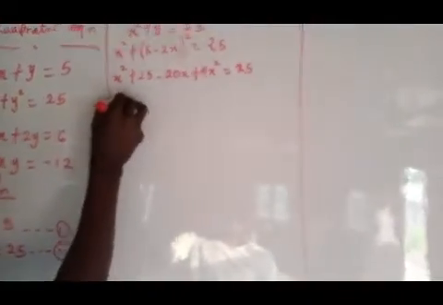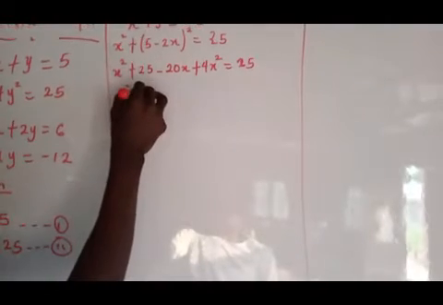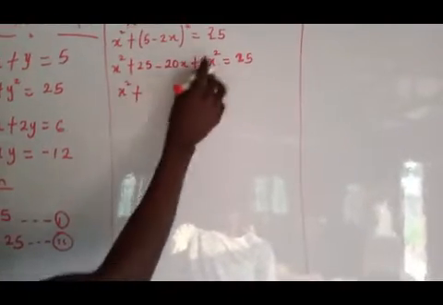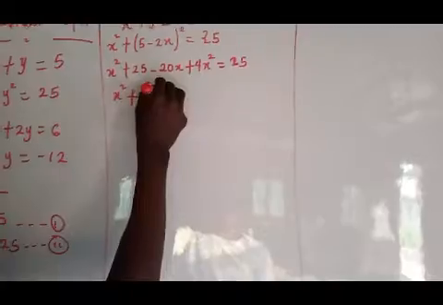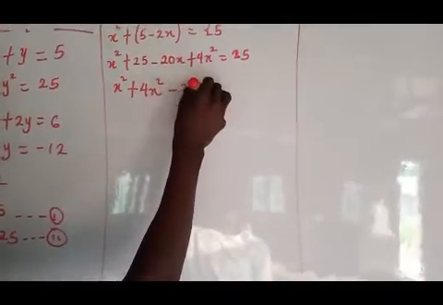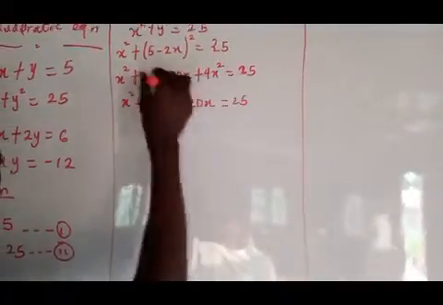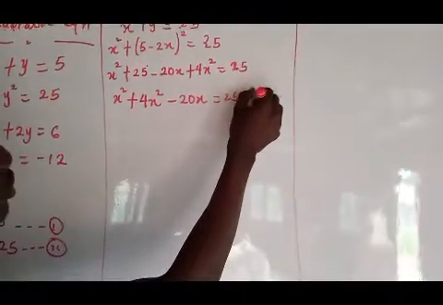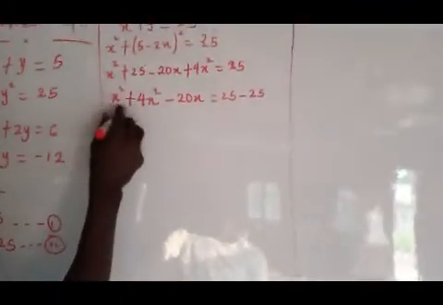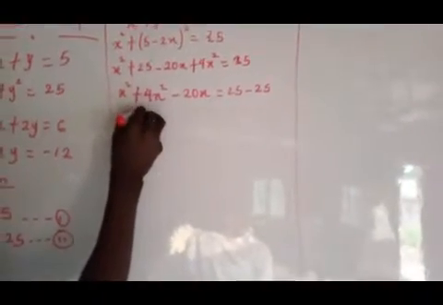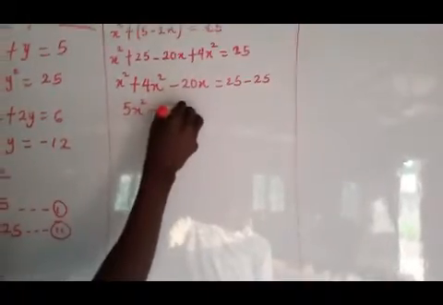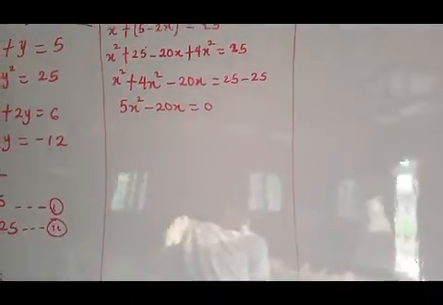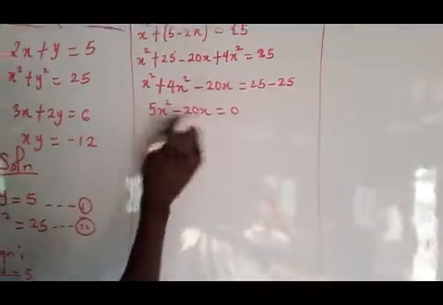So you have x squared plus 4x squared minus 20x plus 25 equals 25. Take this to the other side, that will be minus 25. So this will now become 5x squared minus 20x equals 0.